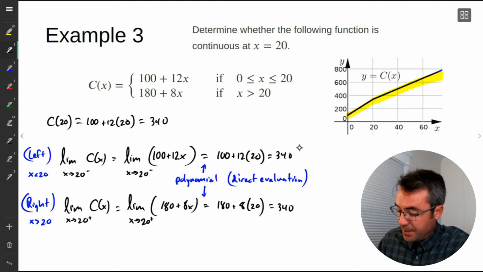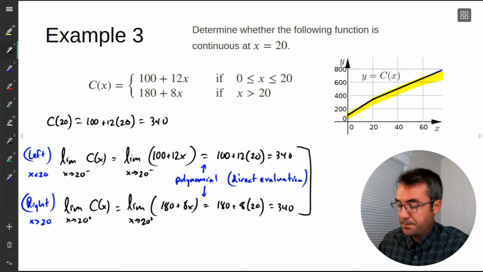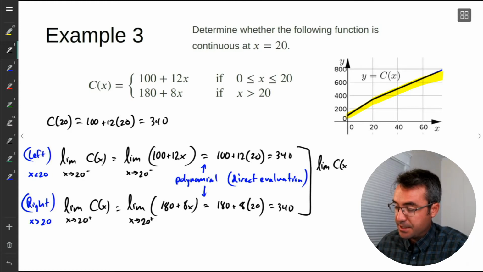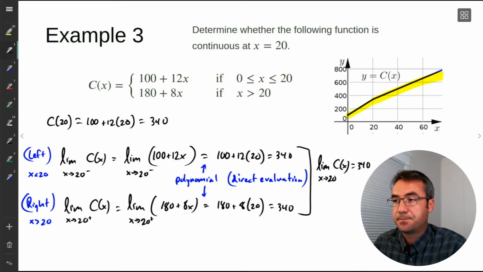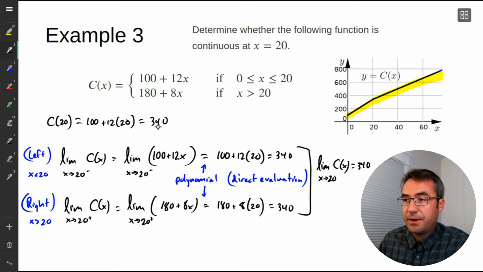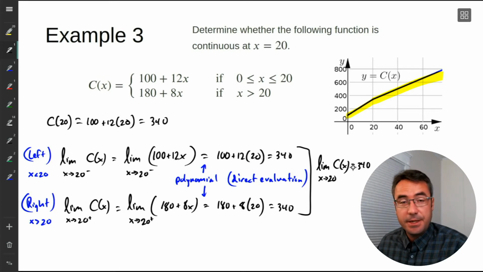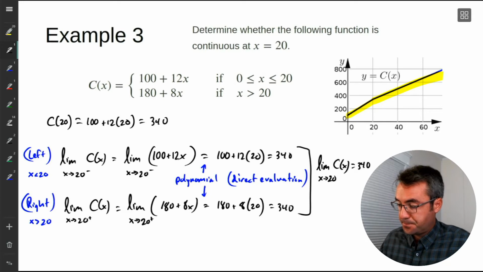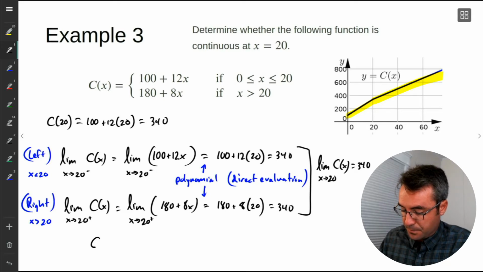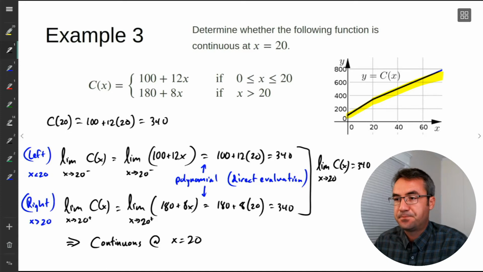So putting these two together tells us that the limit of our function c of x, as x approaches 20, our overall limit, is 340. So our function value is 340, our limit is 340, and that tells us our function is actually continuous at x equals 20.